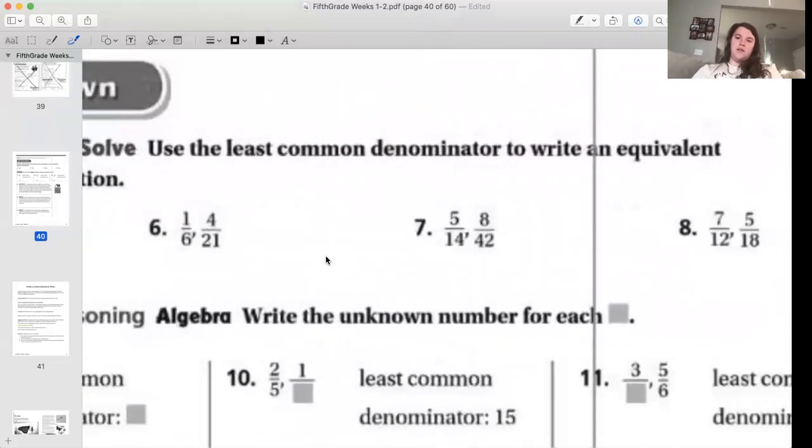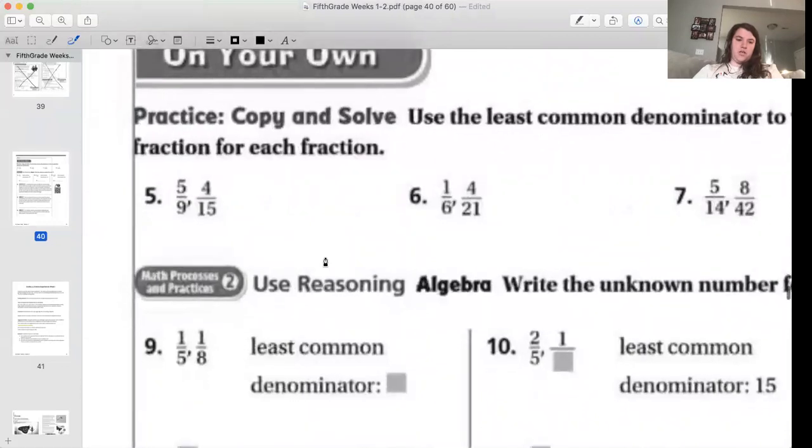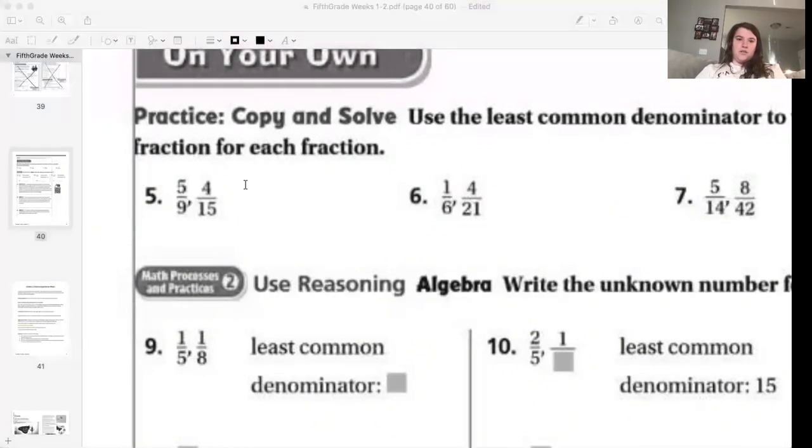Use least common denominator to write an equivalent fraction for each fraction. Let's see. So we have 5/9 and 4/15. This is exactly what you've been doing. Let me get my annotation tool out. So this would be us writing 9, 15, and then listing our multiples.